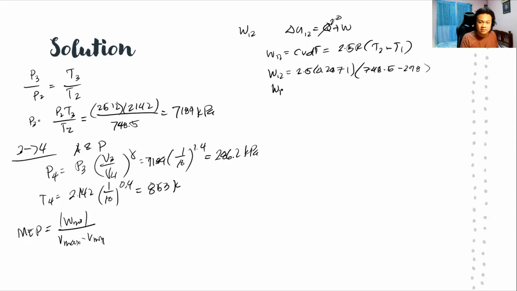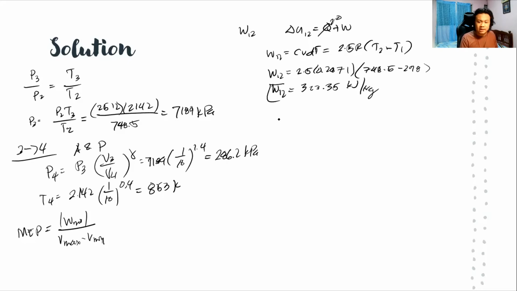Okay, so you can get W12 is equal to 323.35 kilojoules per kilogram. So that's the work 1 to 2.